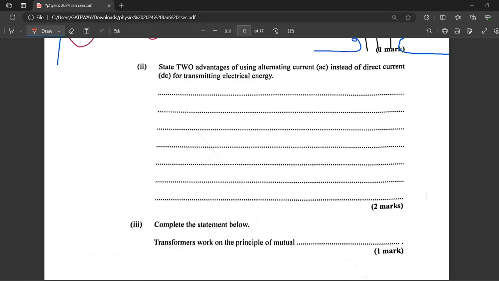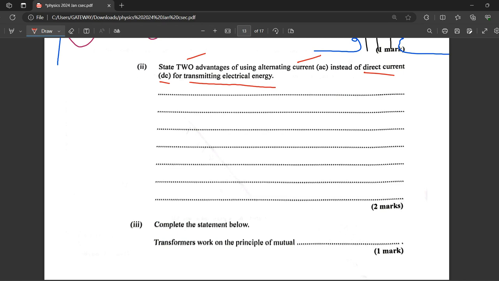Right, so they say to state two advantages of using AC, alternating current, instead of direct current for transmitting electrical energy. Right, so one, a transformer can be used to step up or step down the voltage of the electricity.